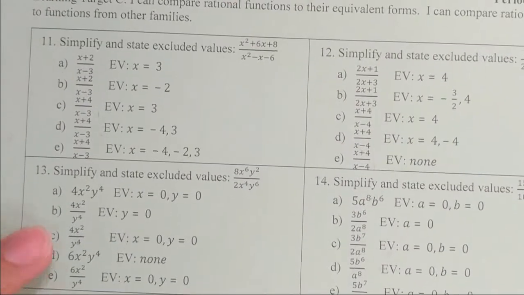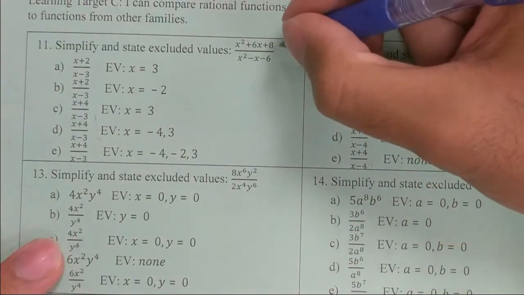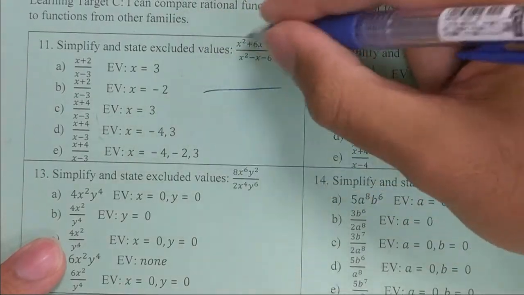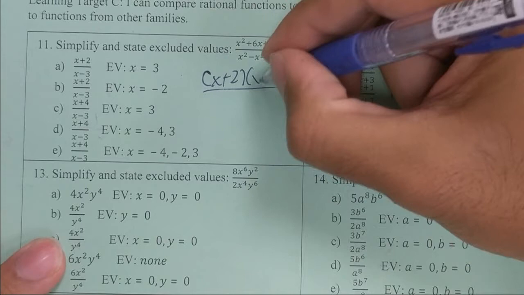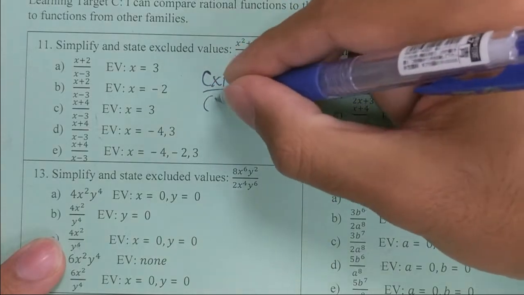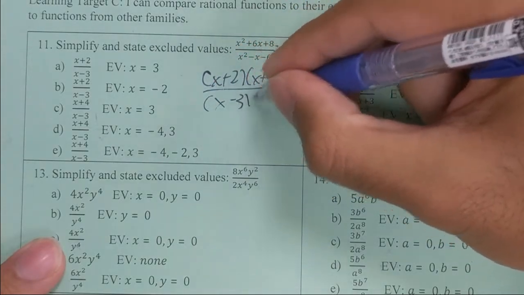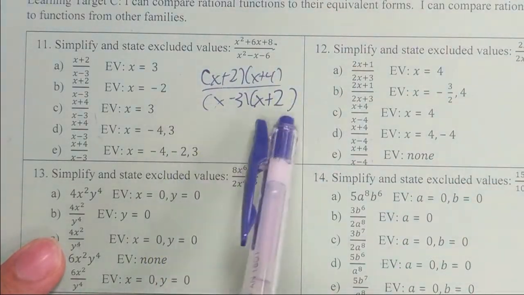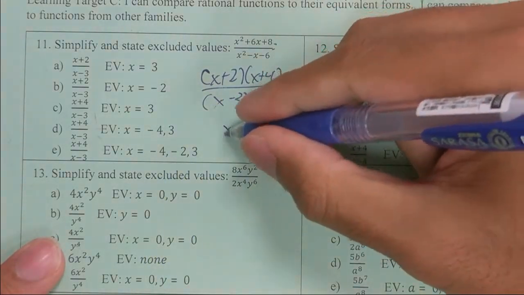Okay, simplifying state excluded values, so let's factor first. So numerator and denominator. Okay, so both of these are excluded values.